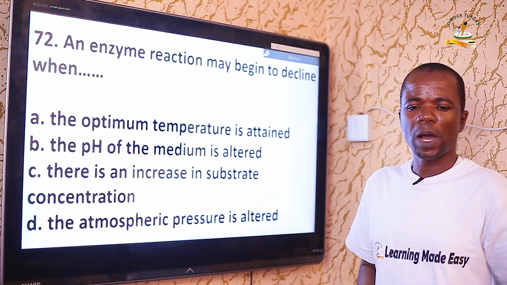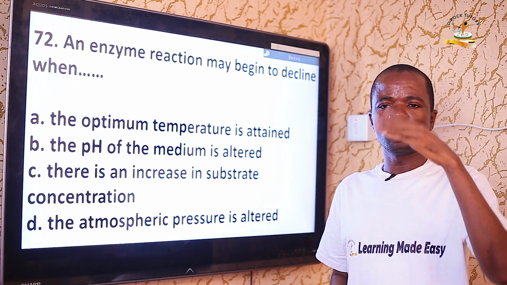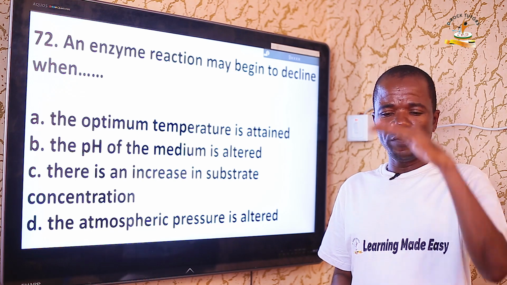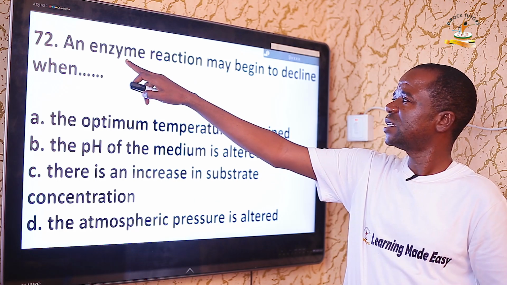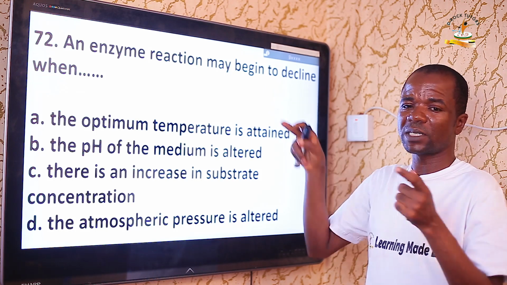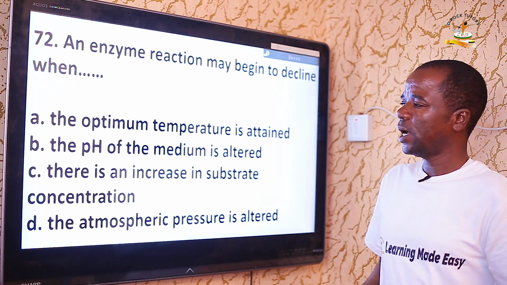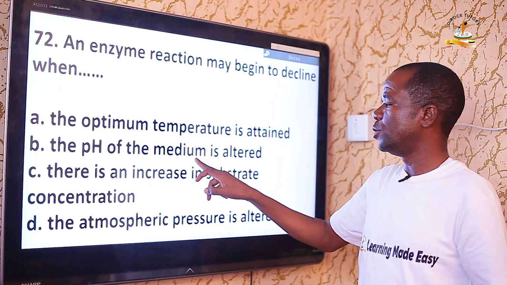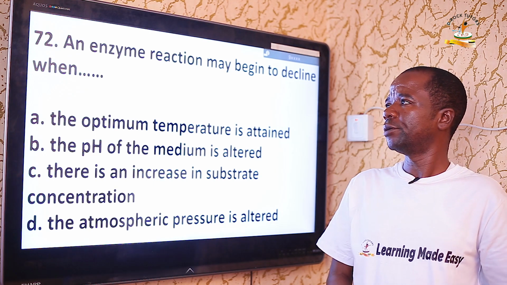If the pH of the mouth is altered and decreases from, say, 8, which symbolizes alkalinity, to, say, 4, that's acidity, the enzymatic reaction of that particular ptyalin will definitely begin to decline, because ptyalin cannot work in acidic medium. It can only work in alkaline medium. So an enzyme reaction may begin to decline when the pH of the medium is altered. The answer here is B.